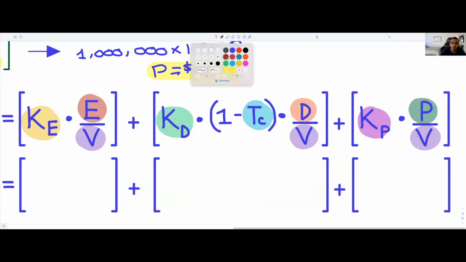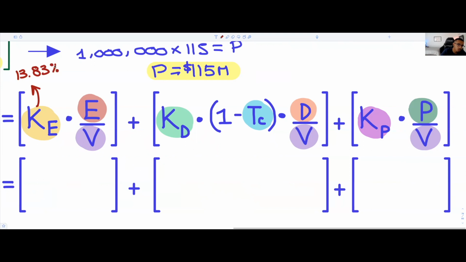Our cost of equity, what is it again? Well, our cost of equity is equal to 13.83%. Our equity over value is going to be equal to 14.76%.